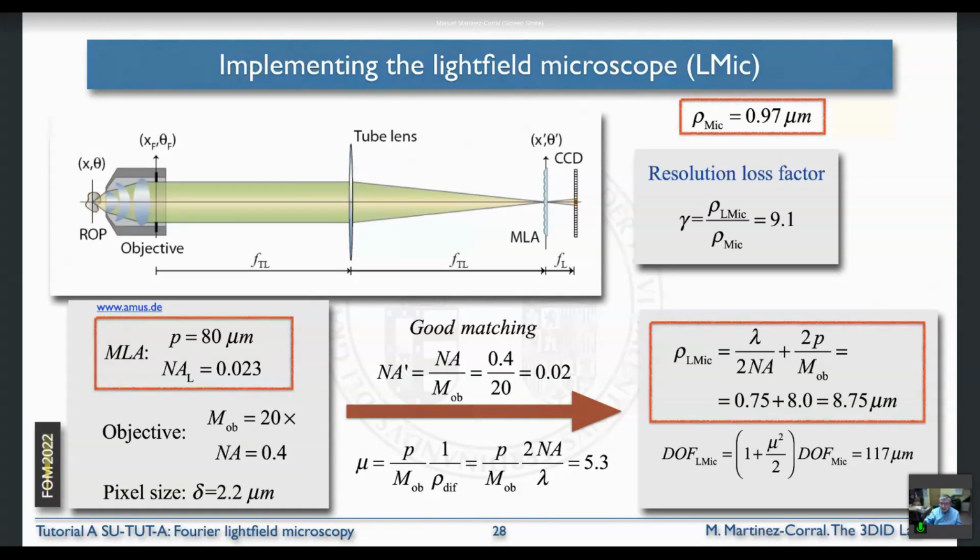Remember that the spatial resolution limit of the native microscope before inserting the microlens array was about 1 micron. The spatial resolution now of this Plenoptic microscope is almost 9 microns. So there is a resolution loss factor of about 9. This is the price we are paying for having three-dimensional images. We are losing resolution by a factor of 9.